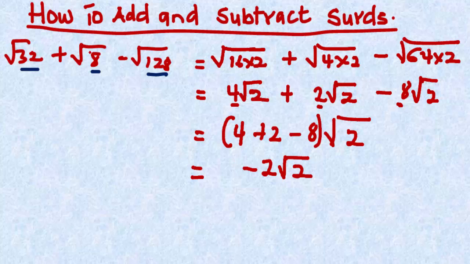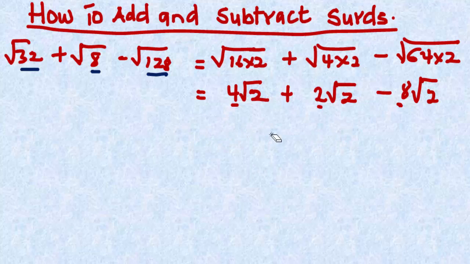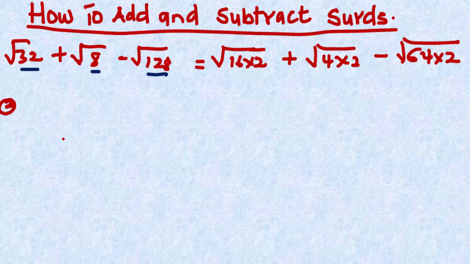Okay, let's take an example to illustrate the idea further. Example 2: we have to simplify 12 to the power of half, or 1/2, minus root of 243.